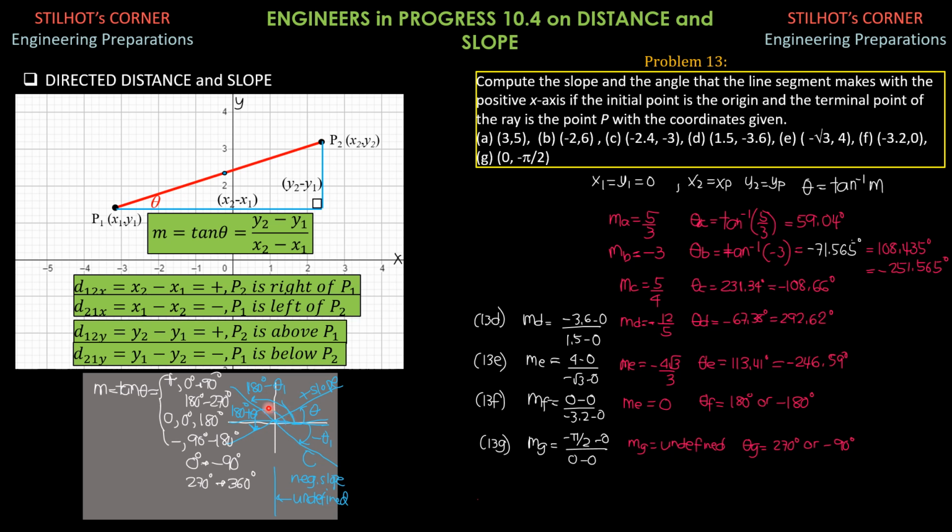So 180 degrees plus 51.34 degrees is 231.34 degrees. In clockwise manner, it is 231.34 degrees minus 360 degrees, which gives us negative 128.66 degrees measured in the clockwise direction. MD is negative 3.6 over 1.5, so it's negative 12 over 5 if reduced and expressed as a fraction.